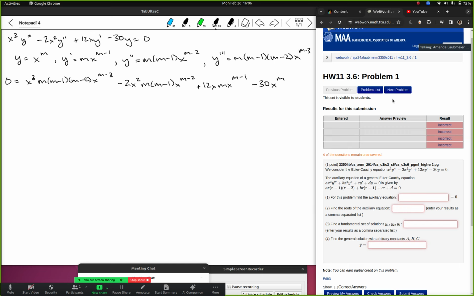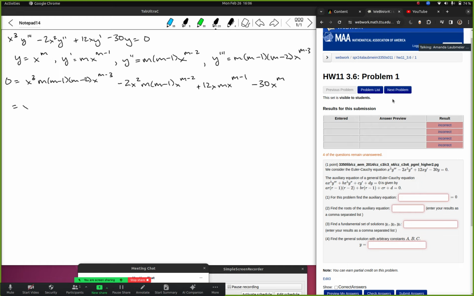All right, so now I'm going to start to try and simplify this into that algebraic equation that I solved for m. What I'm going to notice is that x cubed times x to the m minus 3 is going to give me x to the m. x squared times x to the m minus 2 is going to give me x to the m. x times x to the m minus 1 is x to the m, and here I've got x to the m.